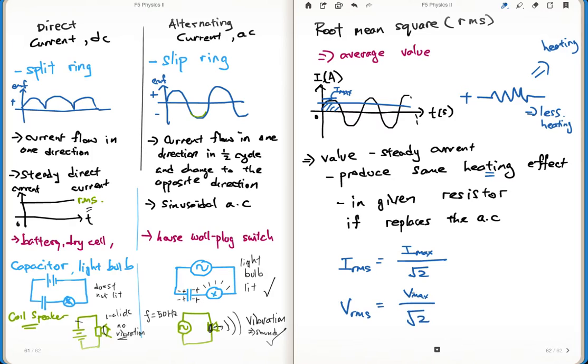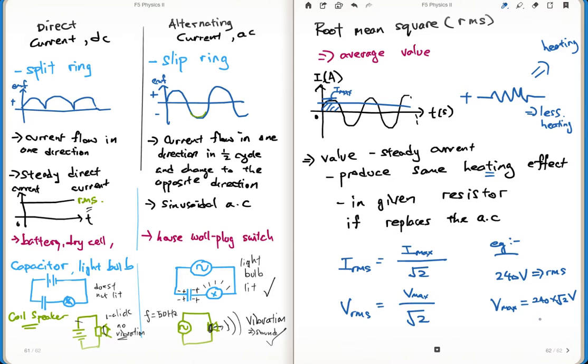So in most of the appliances, where they normally mention 240 volts in Malaysia, for example, this is actually the RMS value. This is not the maximum value. In order to find out the maximum value, that would be 240 times root 2.